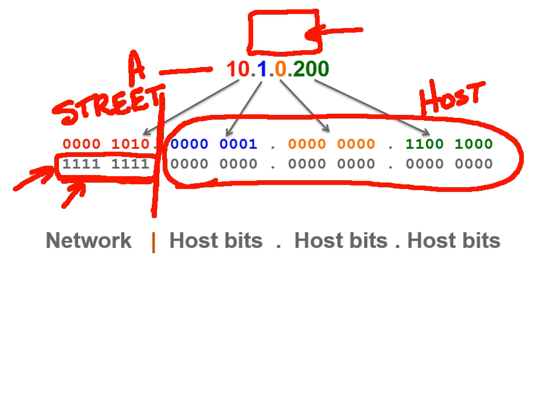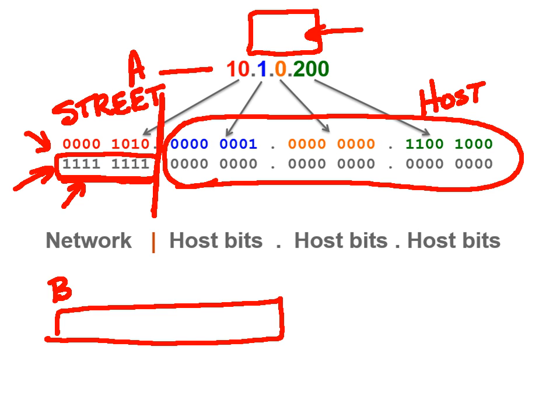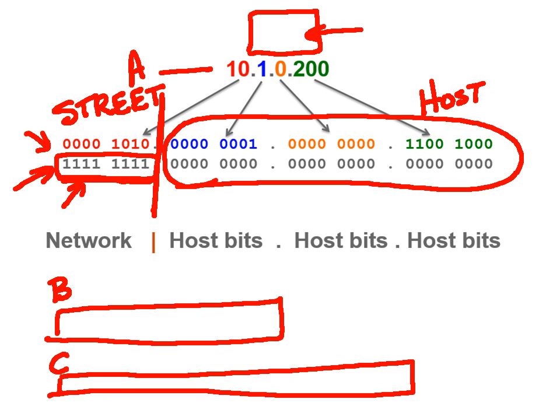That's indicating that those are the first 8 bits that we want to use for the network portion. If we looked at the mask for a Class B address, it would have bits that are on for the first 16 bits, and a Class C address would have the mask bits on for the first 24 bits. And that would identify the network dividing line, if you will, between the two. So the secret is this.